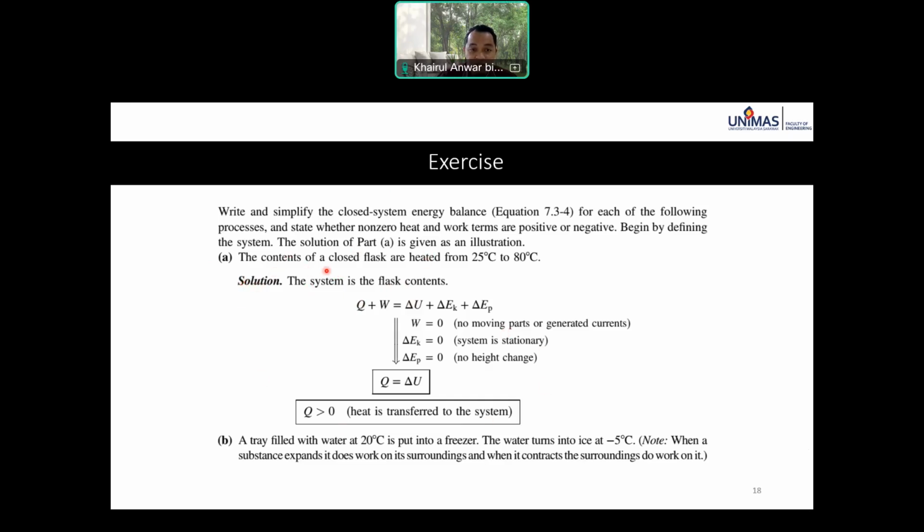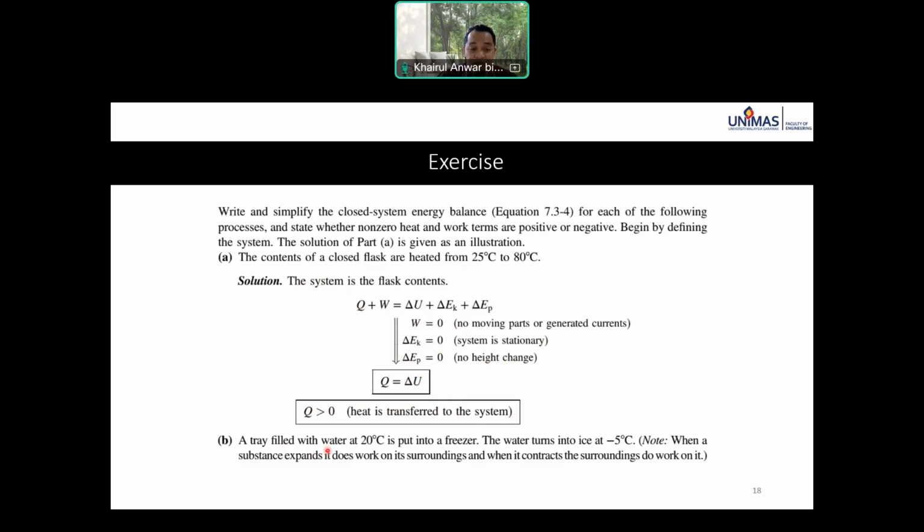The contents of a flask are heated from 25 to 80 degrees C. The system is a flask, so this is a closed system. No moving parts, so W is zero. The system is stationary, so delta EK is zero. No height change, so delta EP is zero. So Q equals delta U. Q is more than zero, so heat is transferred to the system.